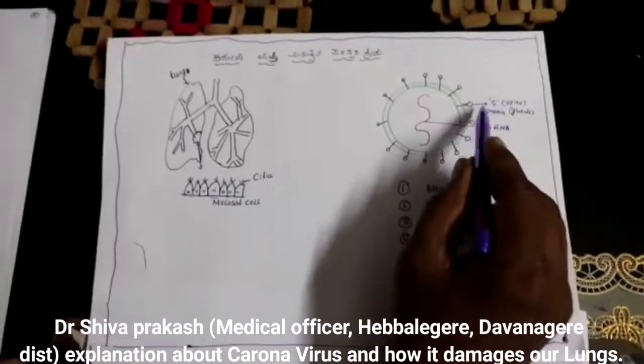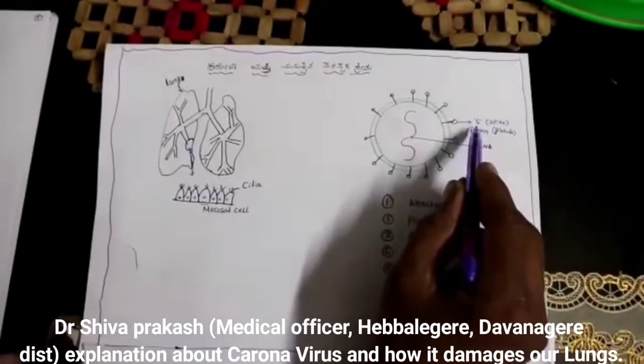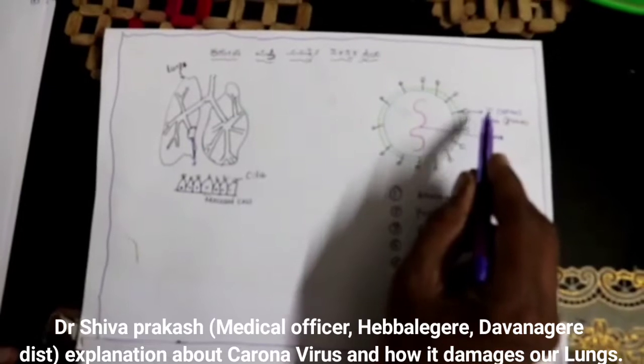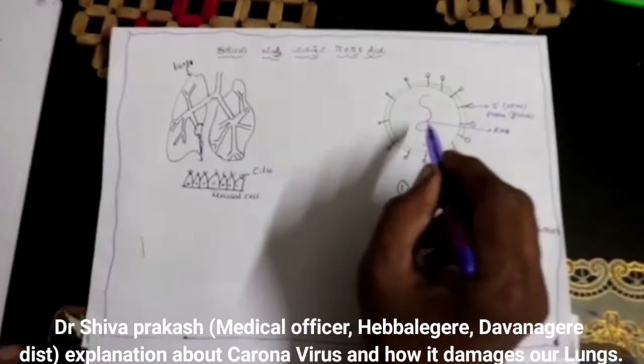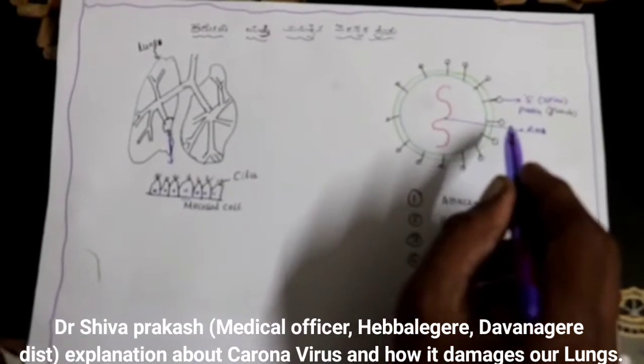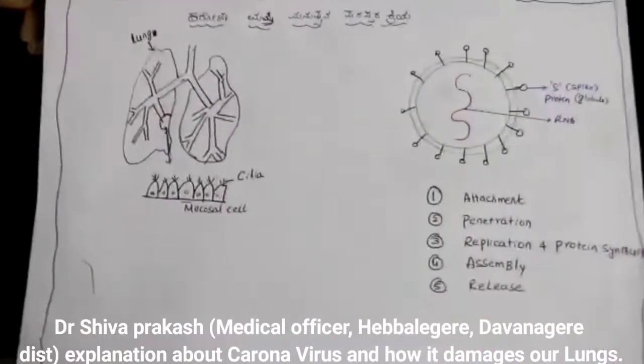Just focus on the S protein or spike protein. This is one of the important lethal components of the virus. This particular virus is going to infect our lungs.